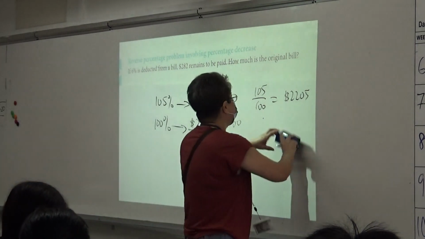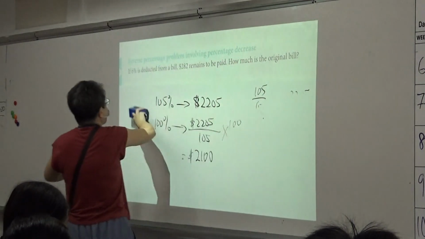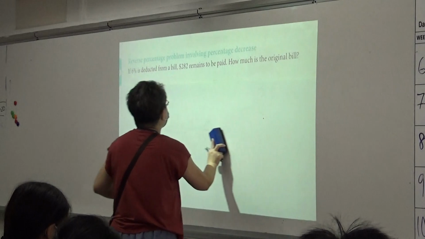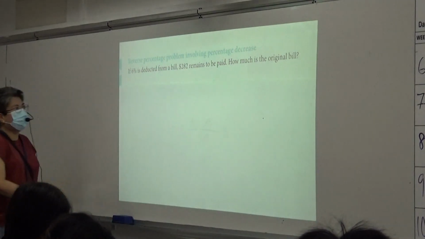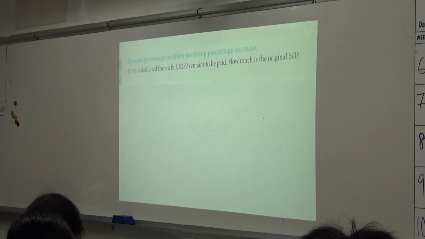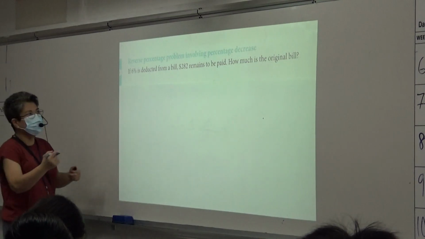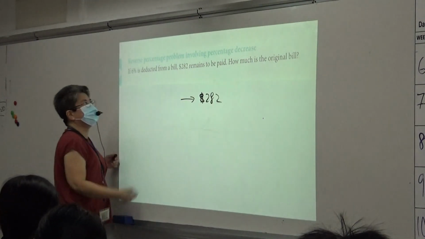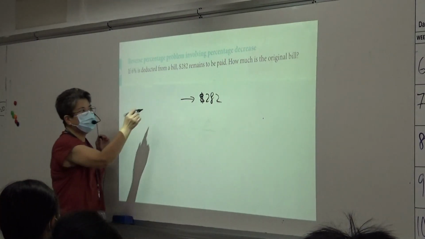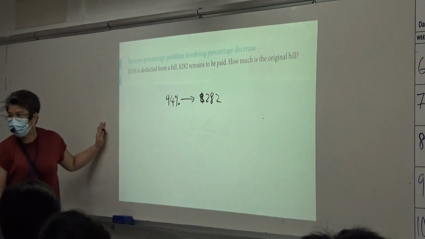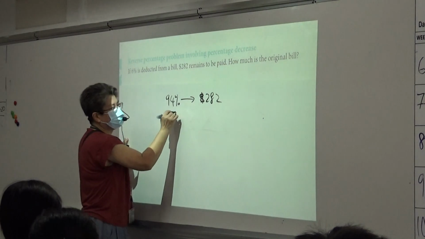Now, if 6% is deducted from a bill, $282 remains to be paid. How much is the original bill? Now, I want to know this 282 is how many percent? 94, right? Because deduct 6% already, right?